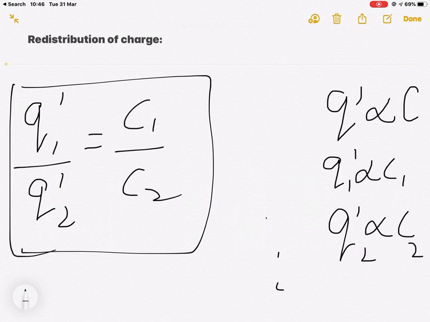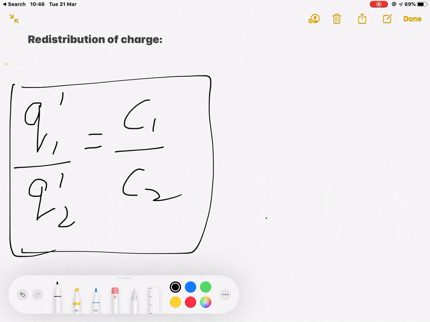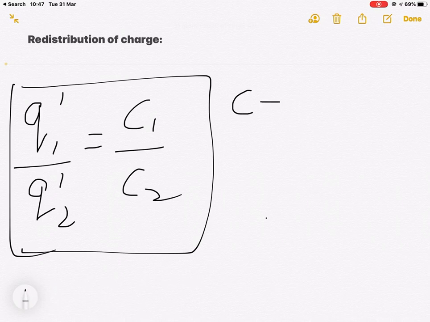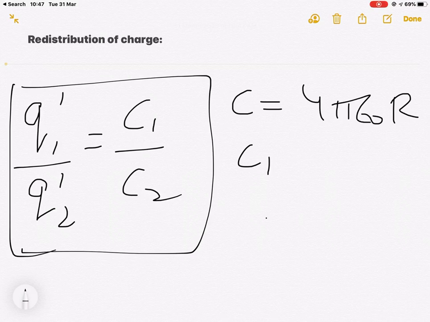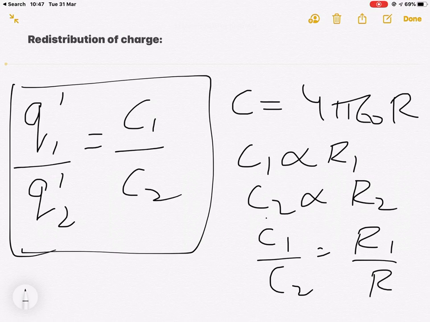Now we know that capacity of a sphere depends upon radius of that sphere. We have done in the previous topic, because we know capacity of a conductor, if it is a sphere, was equal to 4 pi epsilon naught r, where r was radius of that sphere. So we can say C1 will be proportional to R1 and C2 will be proportional to R2. So simply we can write C1 by C2 is equal to R1 by R2.